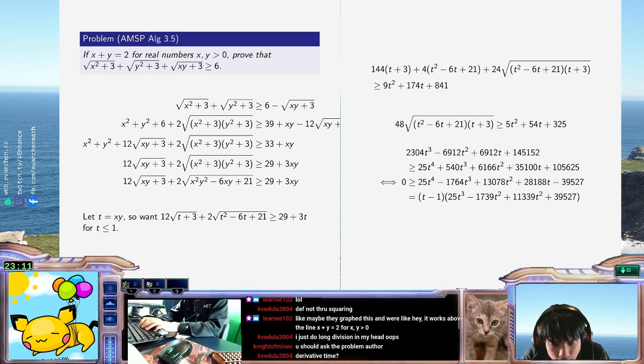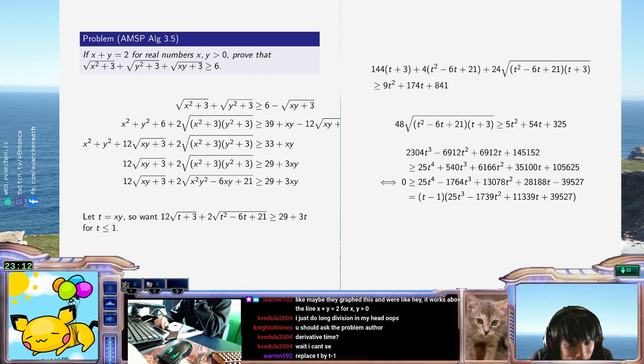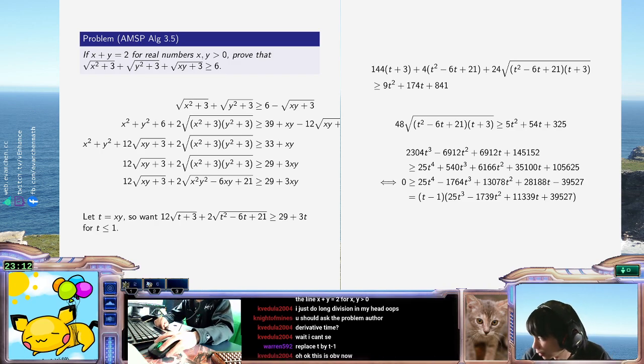This is t coefficient of plus. Yeah, is that it? I think we're done, right? Because this thing is just always non-negative. Alright. Yeah.